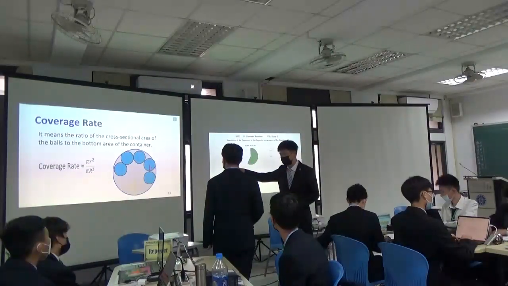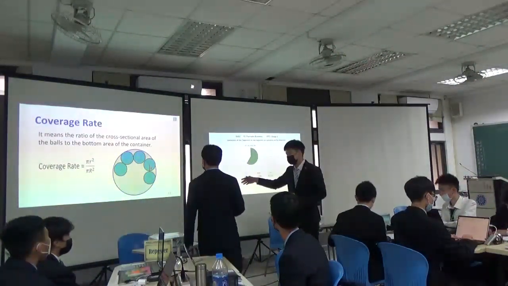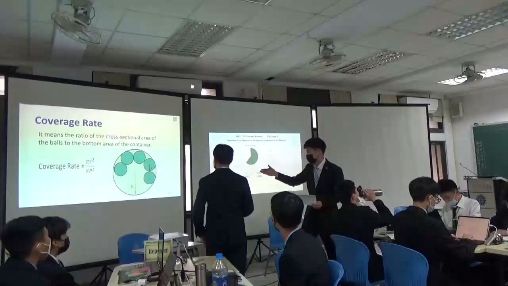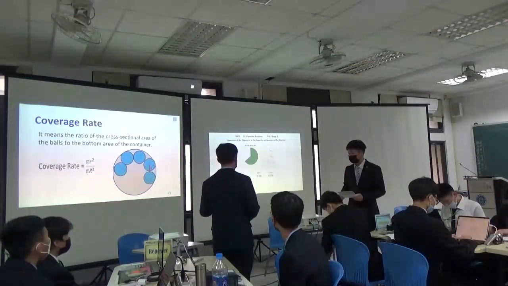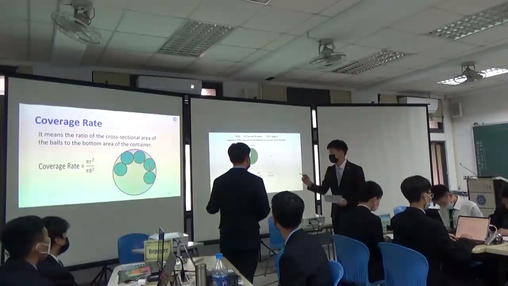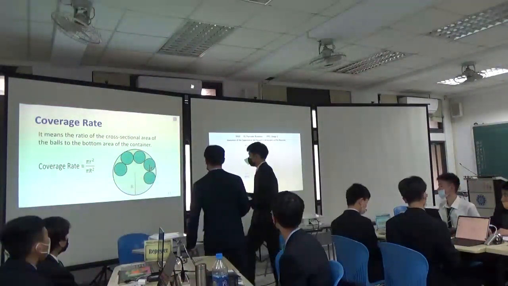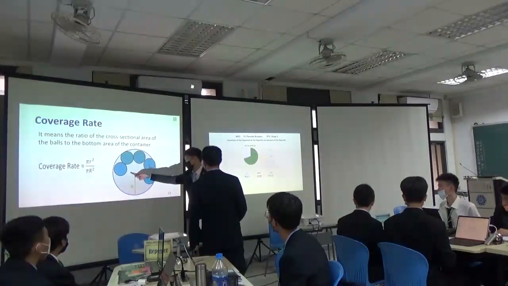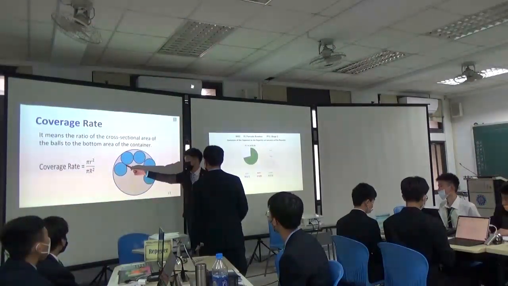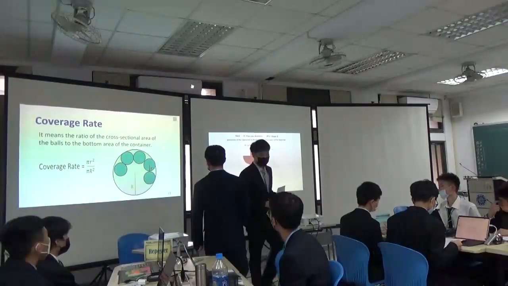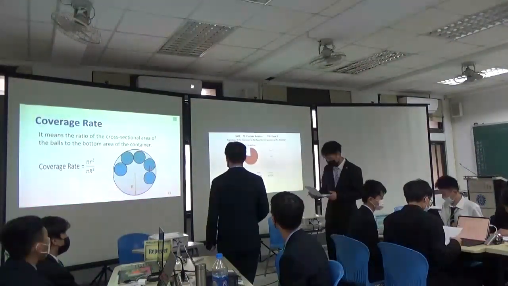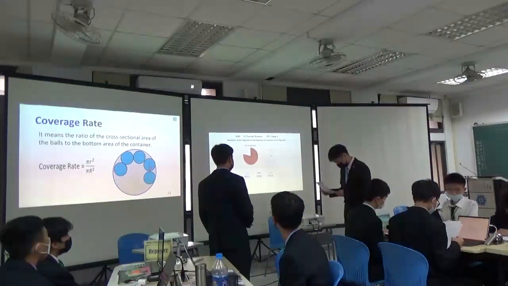Do you consider this? Yes. Will that affect the experiment result in your opinion? Do you mean if I put a lot of balls in? Consider that there's a marble right here, and there will be a margin between the marbles. Yes. In your opinion, will that impact the experiment result? I think it does not affect our experiment result.